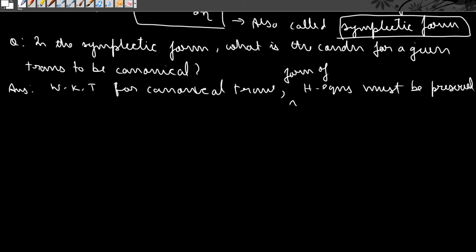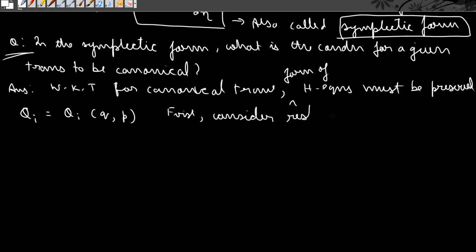In order to find what the condition will be in the symplectic formulation, let us consider the following. Let our transformation give us new variables Q_i, which are functions of q and p. First we are going to consider a restricted canonical transformation.